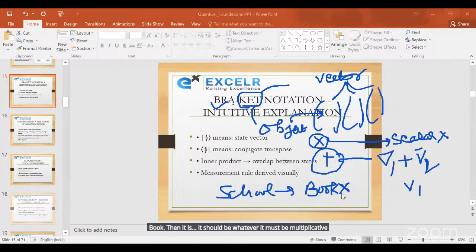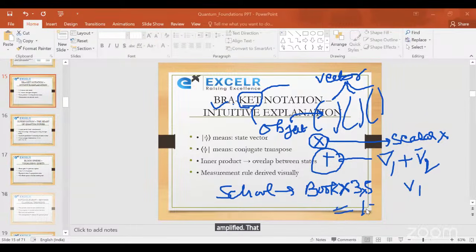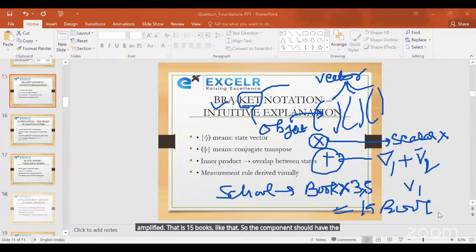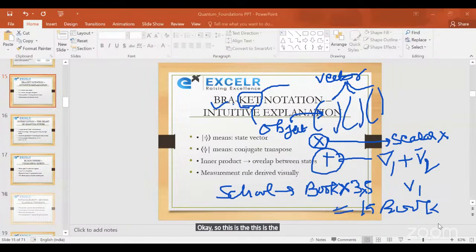It must have the provision to multiply. That means if we multiply by 3 or by 5, it can get amplified, that is, 15 books like that. So the component should have the provision. This is the simple definition of that.